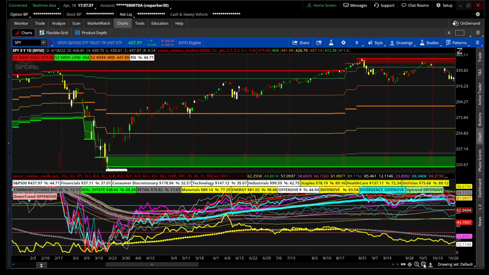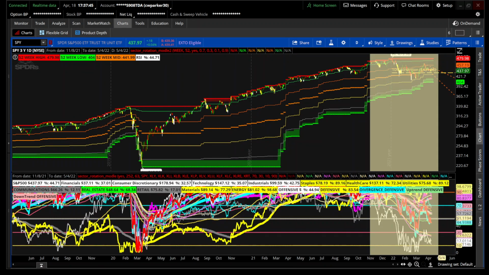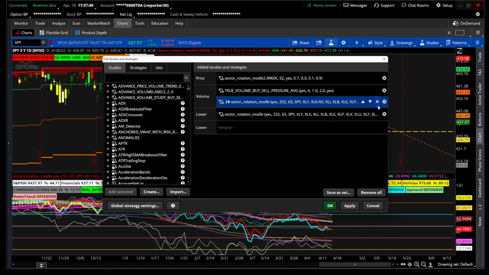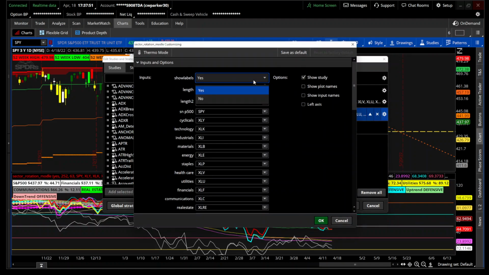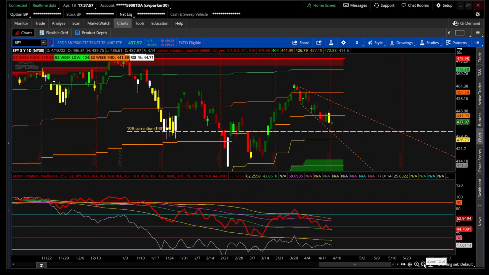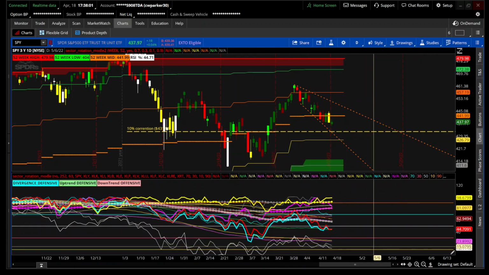That's one way of using this indicator. Feel free to use it how you wish, and what you feel is going to work out best for you. And like I said, you can come over here and cut the labels off, and you can see everything just repopulating.